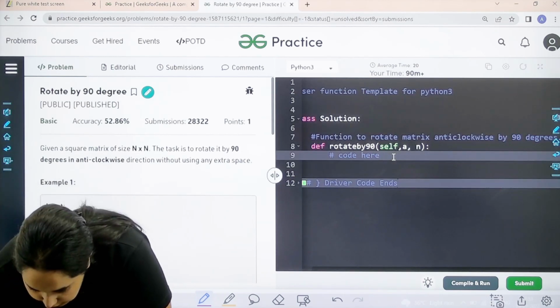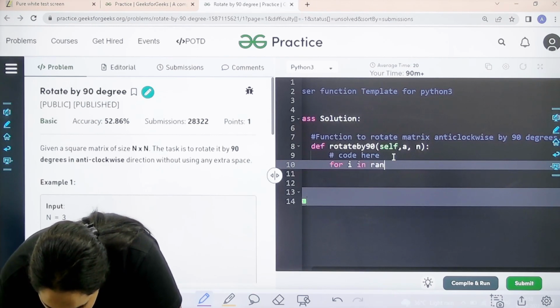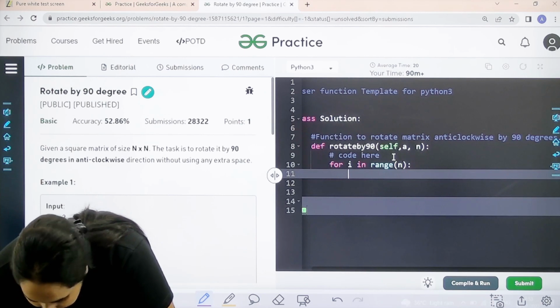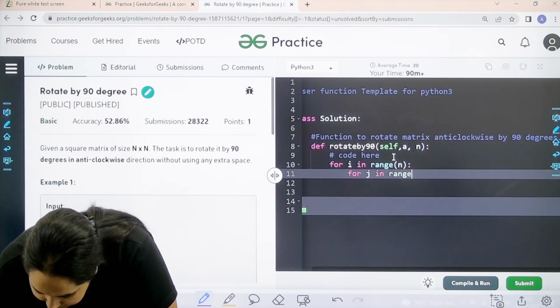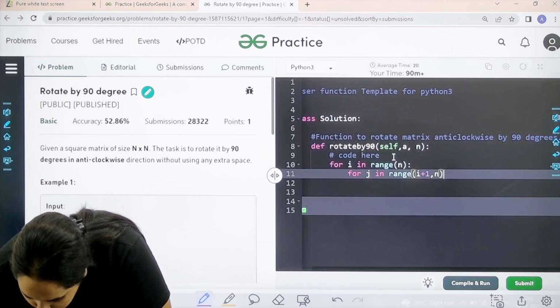So the first step is I would apply a for loop: for i in range(n): colon, enter. Then I have for j in range(i+1, n): colon, enter.